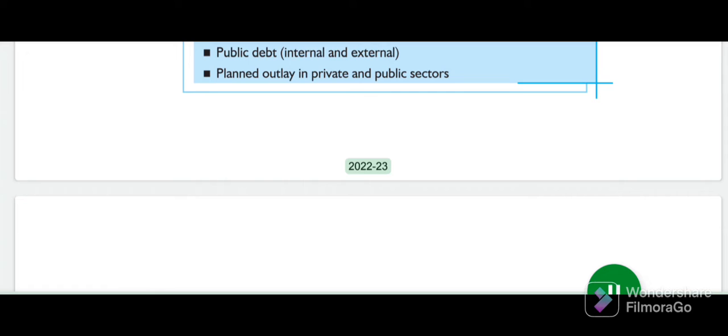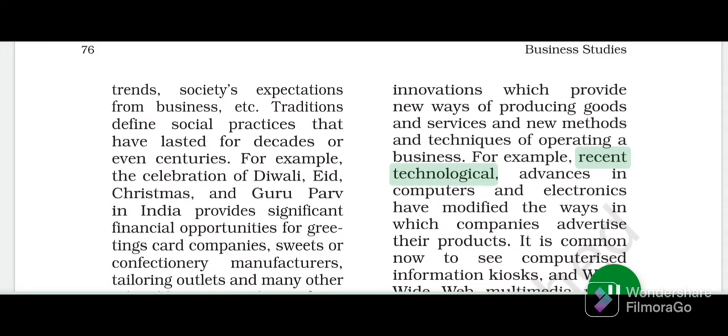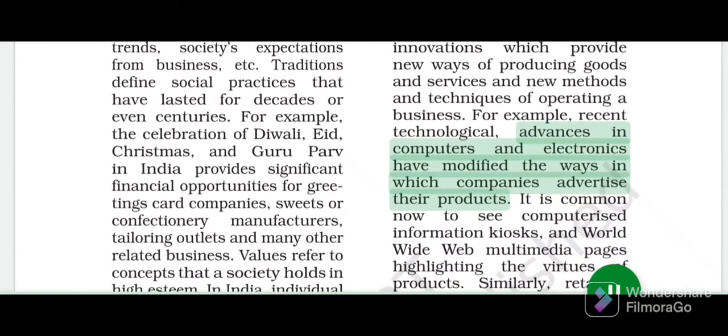Innovations which provide new ways of producing goods and services and new methods and techniques of operating a business. For example, recent technological advances in computers and electronics have modified the ways in which companies advertise their products.